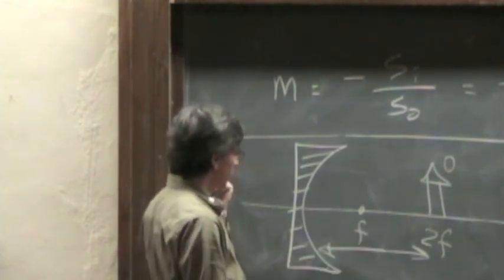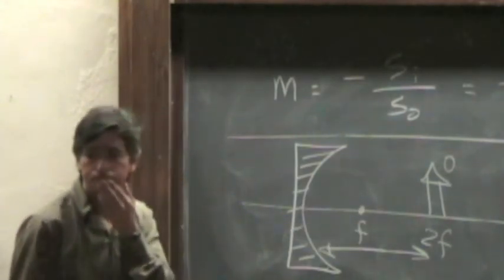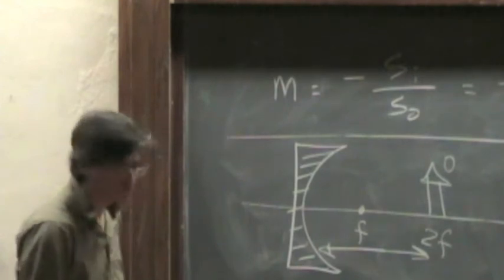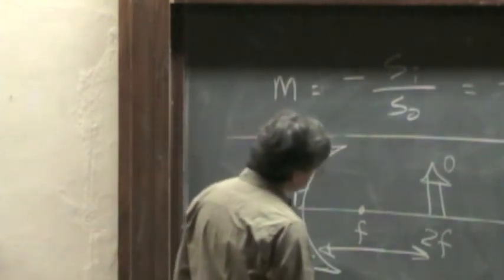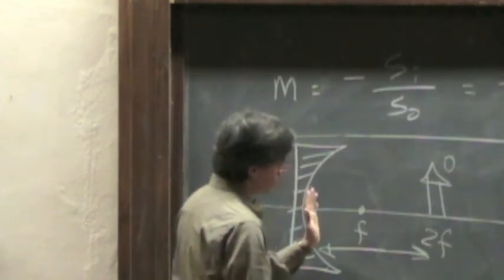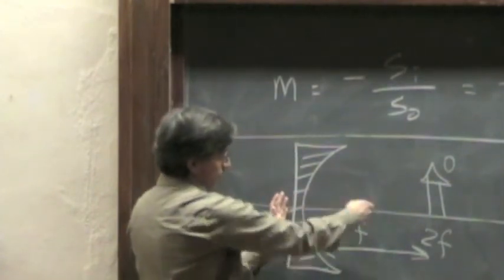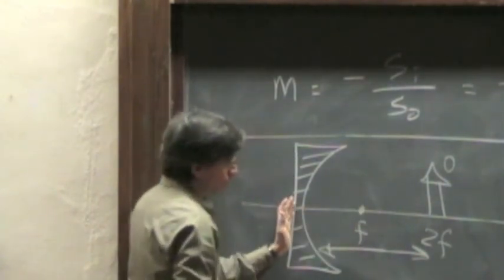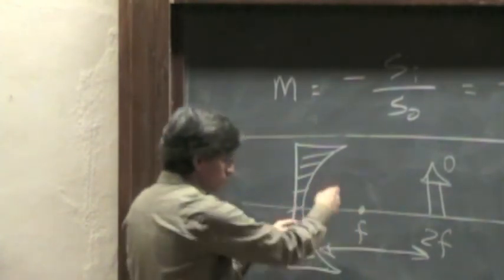Where do I draw it? Is it behind the mirror or is it in front of the mirror? From the ray tracing that we've done for this kind of mirror, you already know that it's going to be inverted because the distance from the mirror is bigger than one focal length, right? And so it's going to be inverted. And it's going to be on this side, it's going to be a real image.